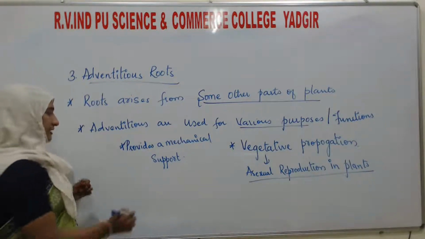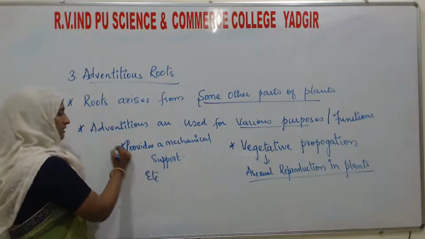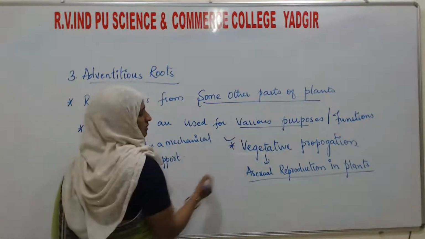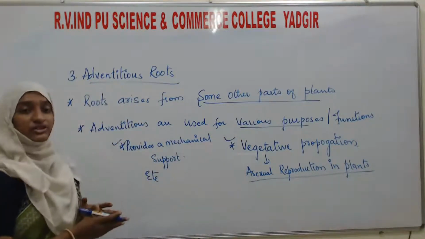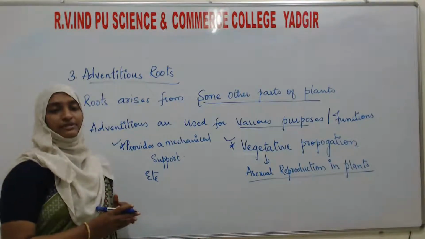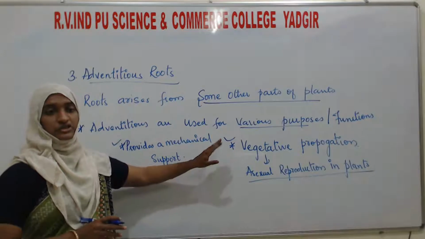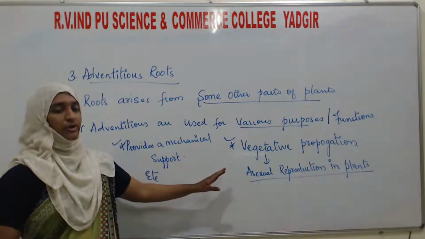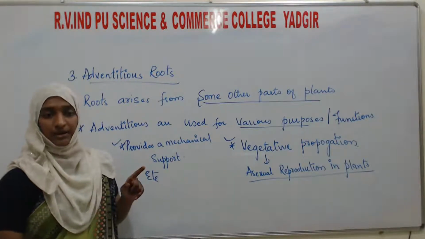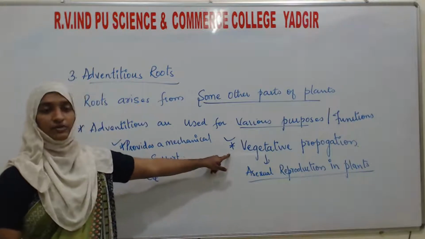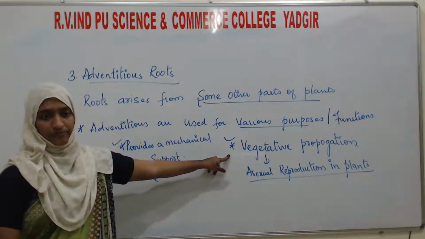Okay, these are the two major functions of the adventitious root. One is which is used in reproduction by means of one parent, and that is known as vegetative propagation. Okay.